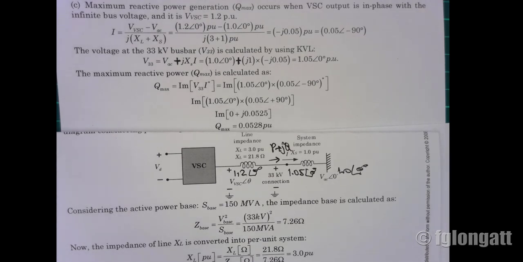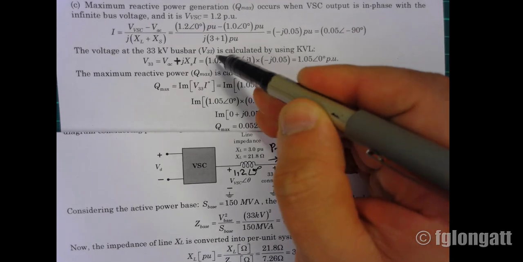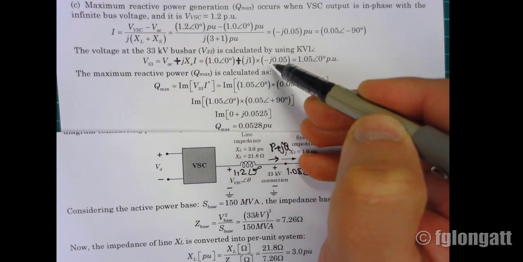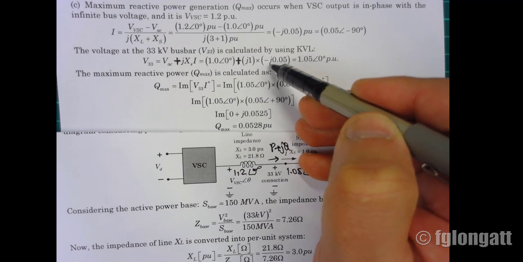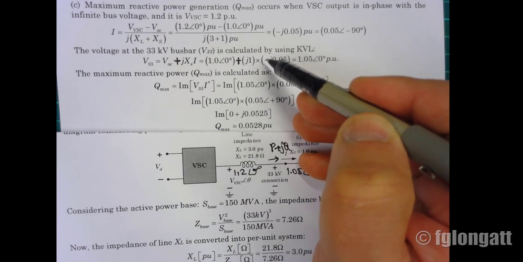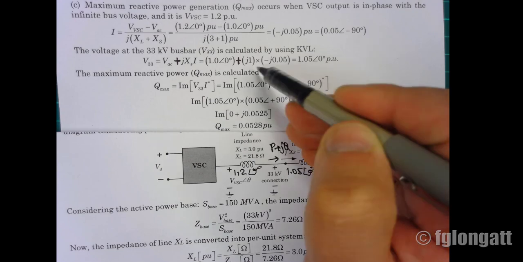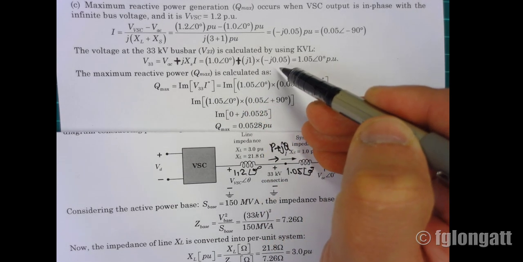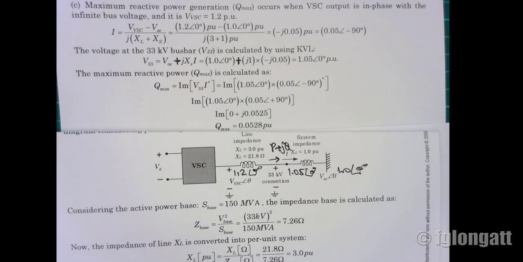Yes, it was a problem here with this positive sign over here, and J multiplied by J is -1 multiplied by this minus, that is a total of positive. That means 1.0 plus 0.05, that is 1.05 at 0 degree.